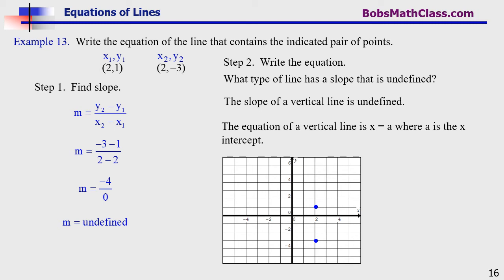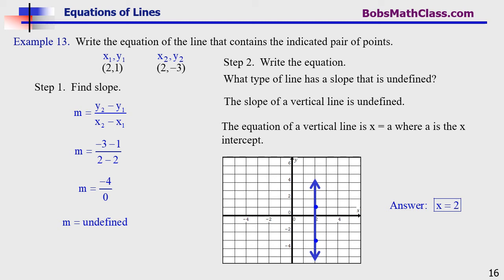Right about there. And we know it's a vertical line, so draw in your vertical line. So we just need the answer. Where does it cross the x-axis? At what number? That's right, 2. So the answer is x equals 2.